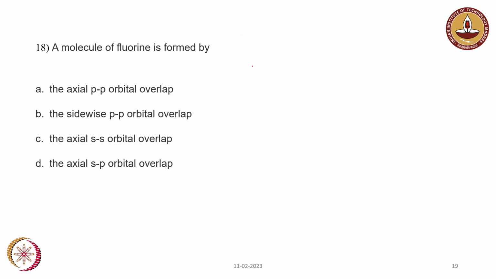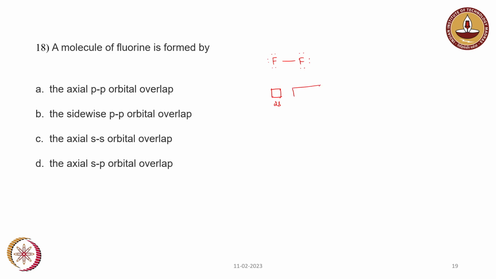We can go with the valence electrons. So in F2 we expect a single bond. Fluorine has 7 valence electrons. So 6 will remain as lone pairs, and one will be shared, forming a covalent bond between fluorine and fluorine.